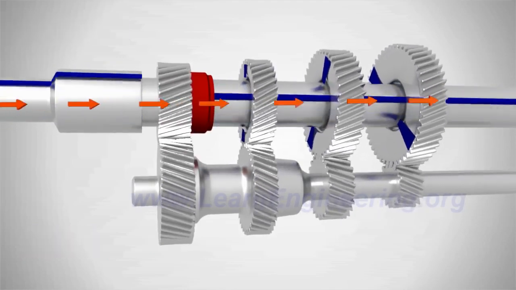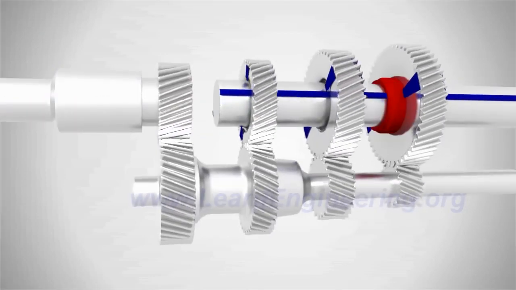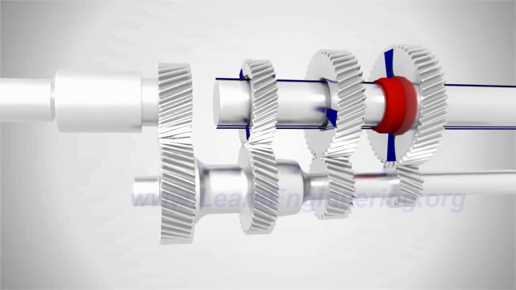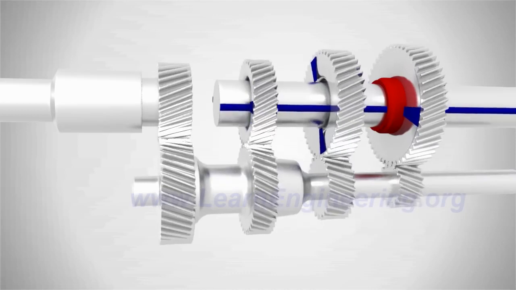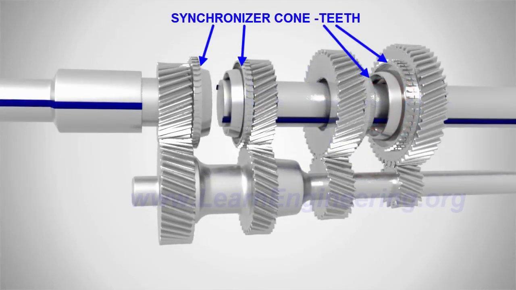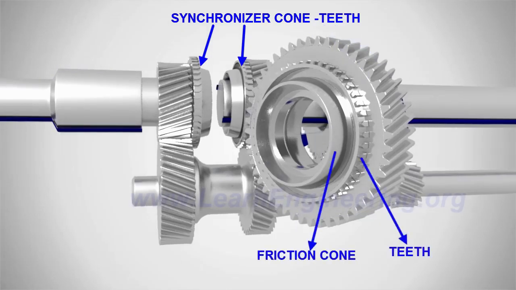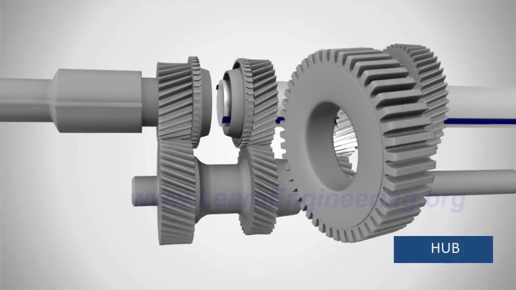The art of locking a loosely held gear to the shaft effectively and smoothly lies at the heart of the manual transmission. Let's see how this is done in actual practice. First of all, the main shaft gears have a synchronizer cone teeth arrangement. A hub is fixed to the shaft.